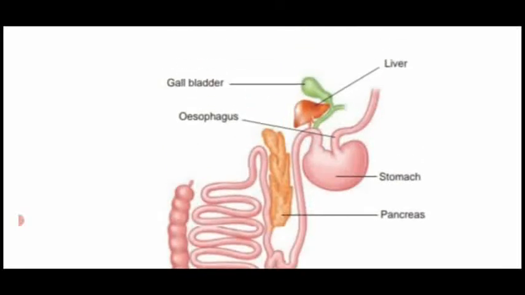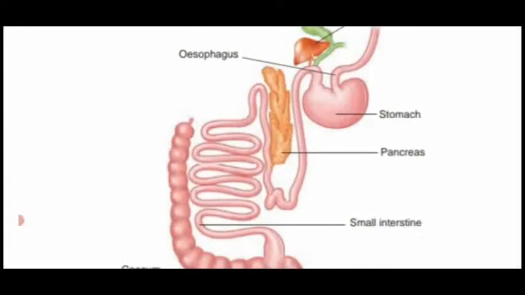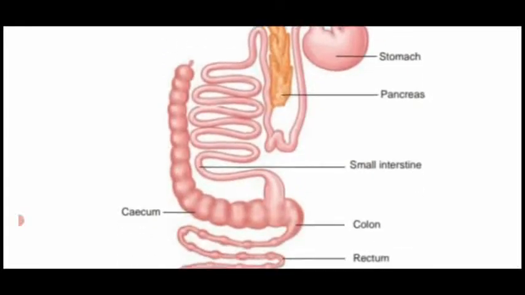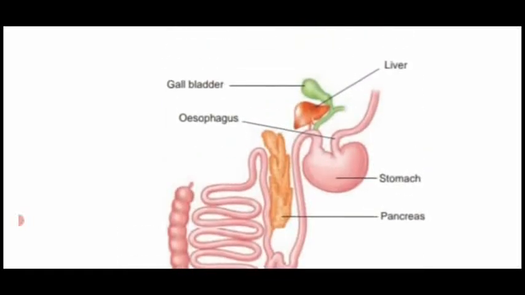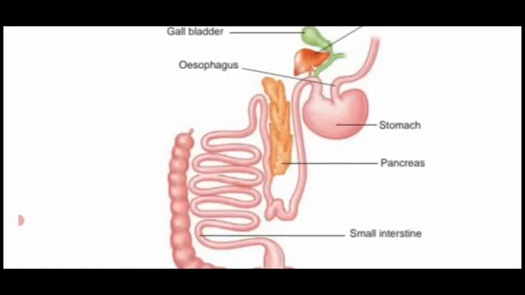See that green color, it is the gallbladder, and the brownish red color is the liver, and also a leaf-like structure is called the pancreas, which secrete digestive juices responsible for digesting the food material. So this is the digestive system of rabbit.